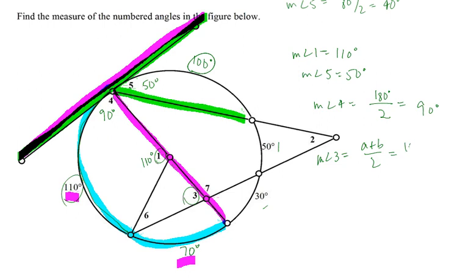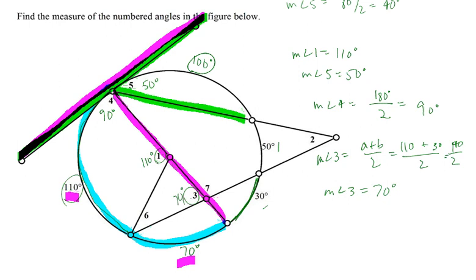That's 110. The other is 30 degrees over here, so plus 30, divide that by 2. That gives us 140 divided by 2, or 70 degrees.